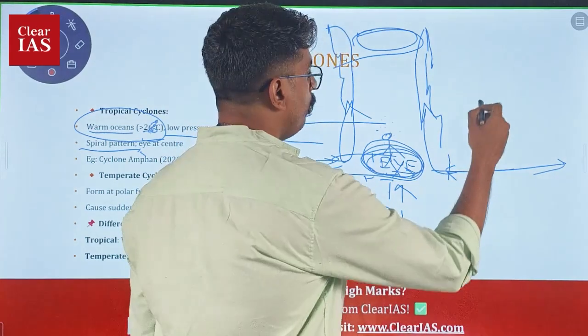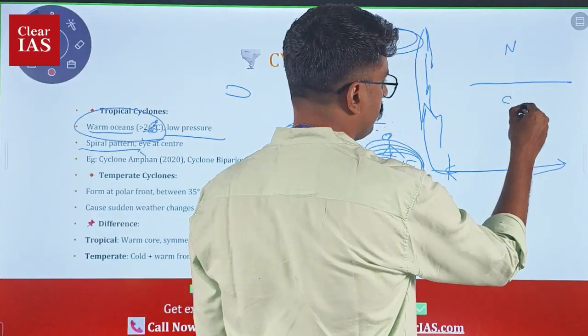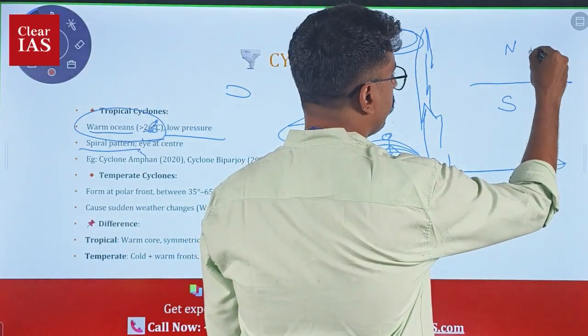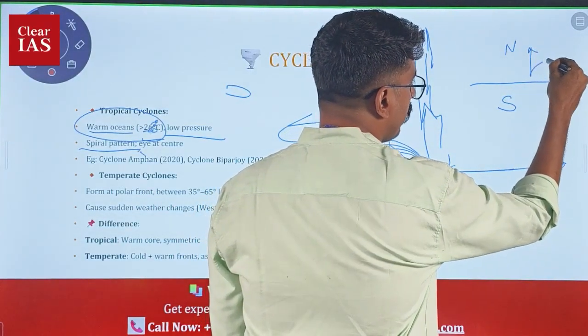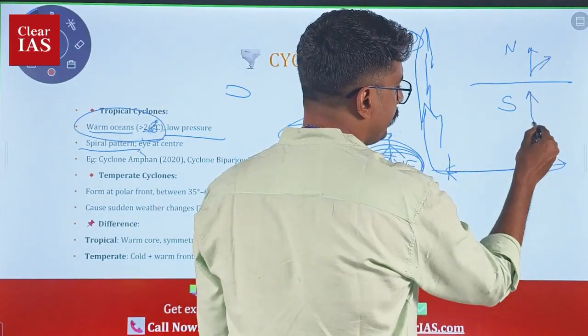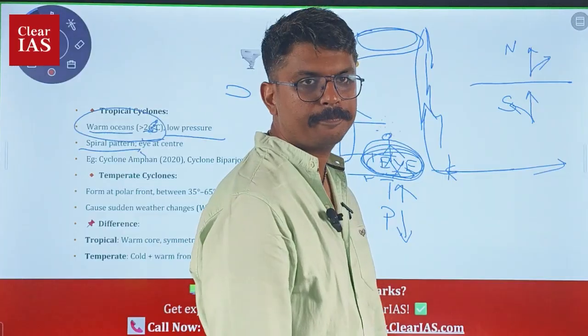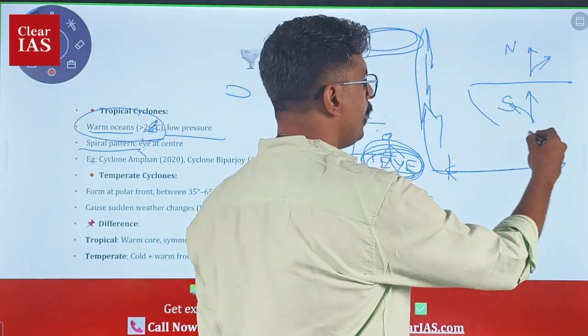The Coriolis force differs in the northern and southern hemisphere. Any moving object will get deflected to its right in the northern hemisphere, and to its left in the southern hemisphere, due to the shape of the earth.